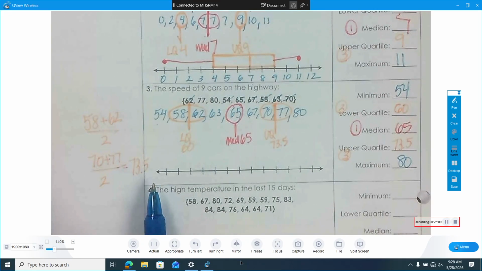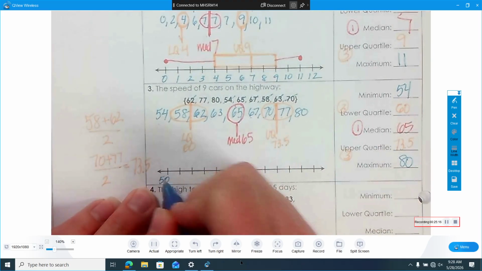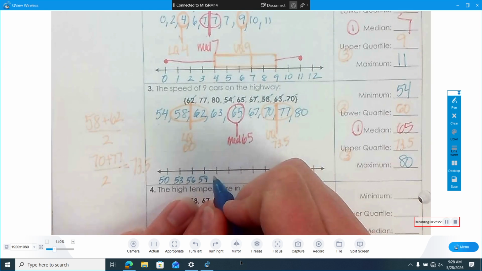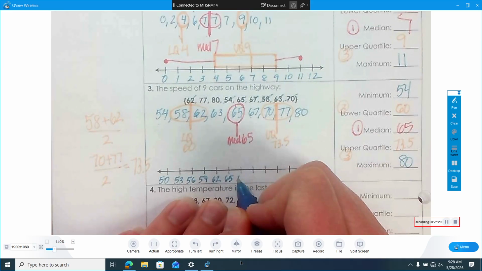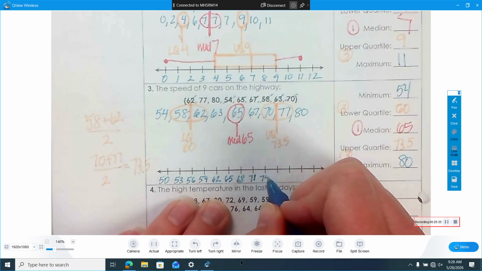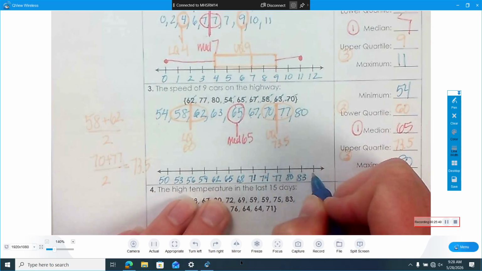All right. Our low is 54. I'm going to count by threes. 50, 53, 56, 59, 62, 65, 68, 71, 74, 77, 80, 83, and 86.